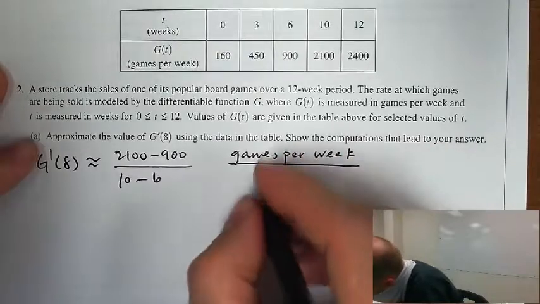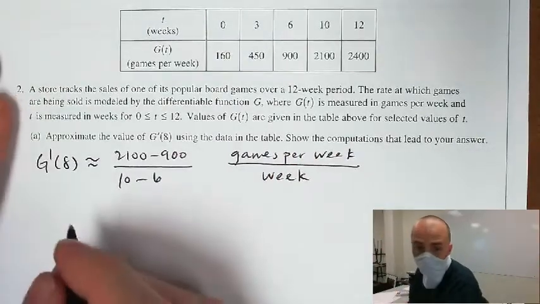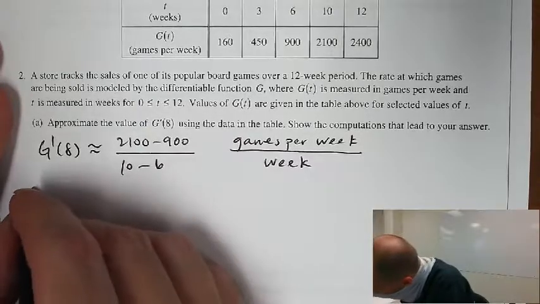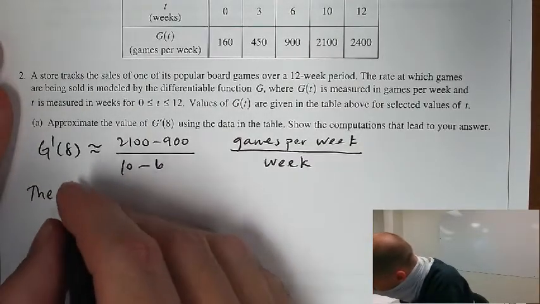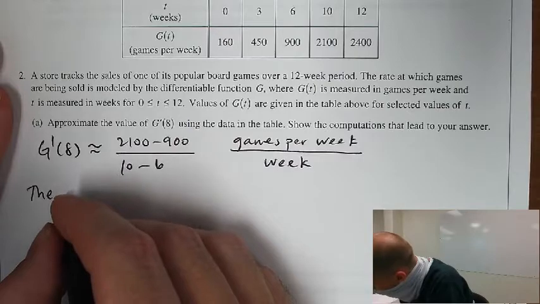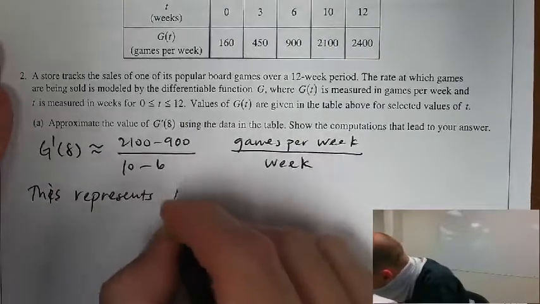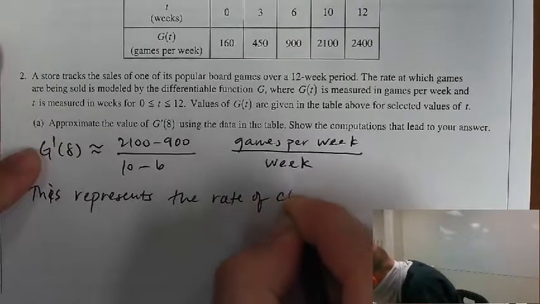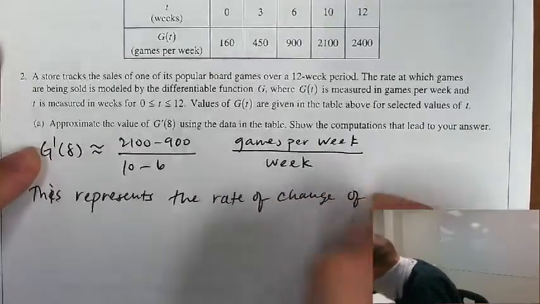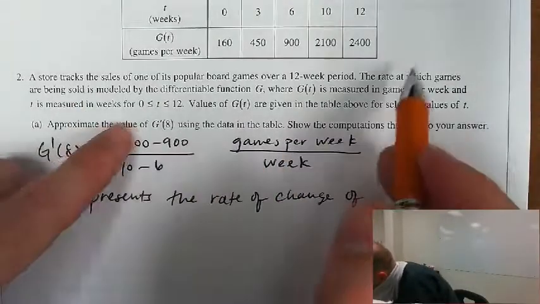They didn't ask for units of measure, but occasionally they will. And the interpretation is, this represents the rate of change of G, right? But I'm going to copy their language for G, right?